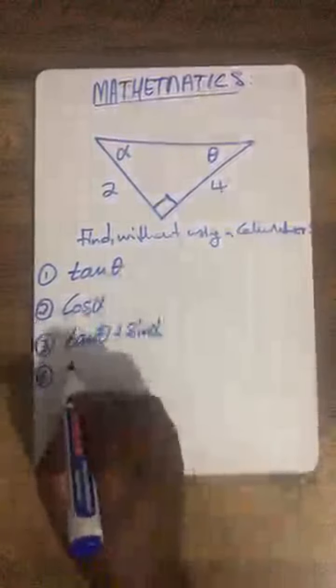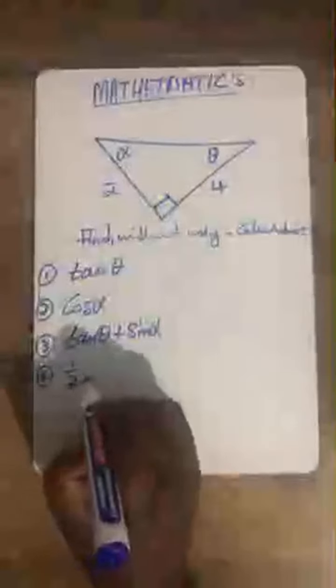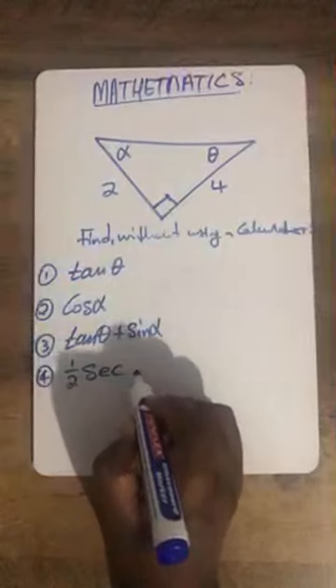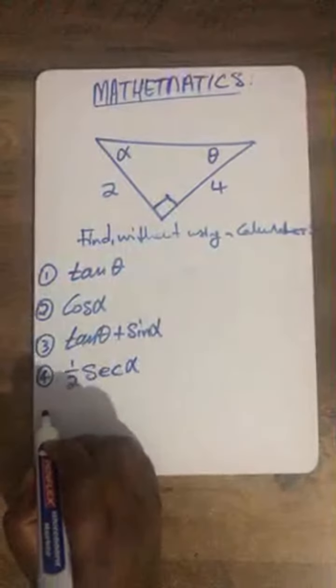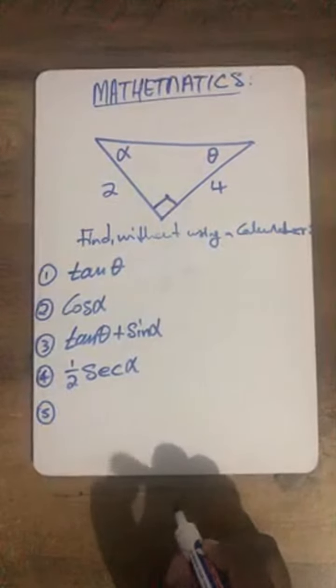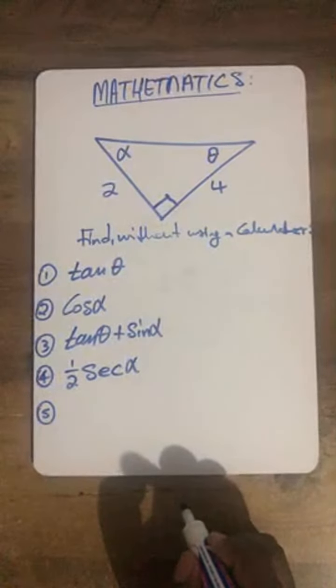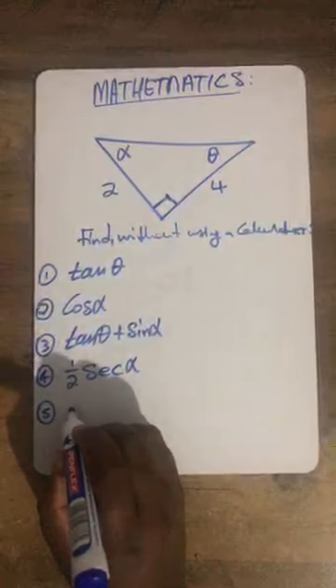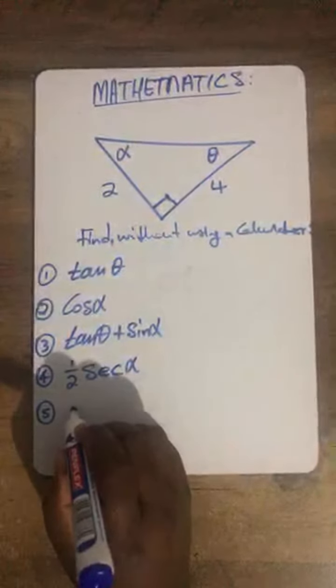Number 4, 1/2 sec alpha. Number 5, and which one is missing? Sec is there, cosec, cot.